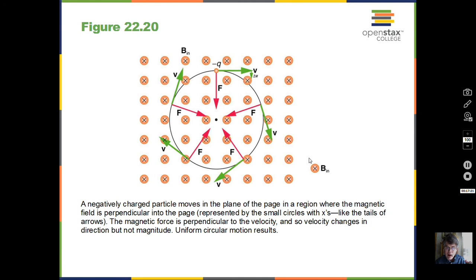Why am I dropping the sine theta factor? It's because the velocity and the magnetic field here in this picture are perpendicular to each other. So the theta is 90 degrees and sine of theta is 1. So our relationship here will be qvB, that's our magnetic force, equals mv squared over r.